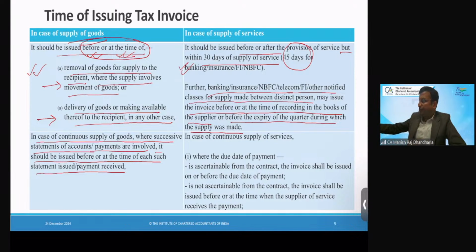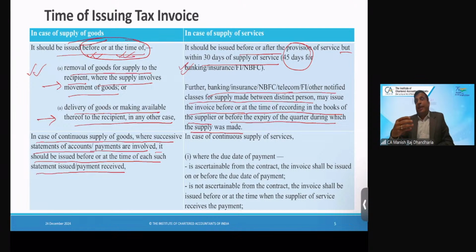Next, in case of continuous supply of services. Okay. So in case of continuous supply of services, there can be a situation where the due date is mentioned in the contract.